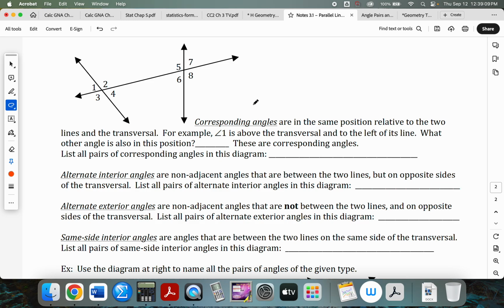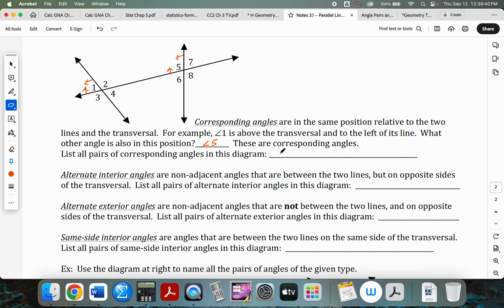Angle 5. That's an example of what are called corresponding angles. Again, when things correspond, that means they match or go together in some way.